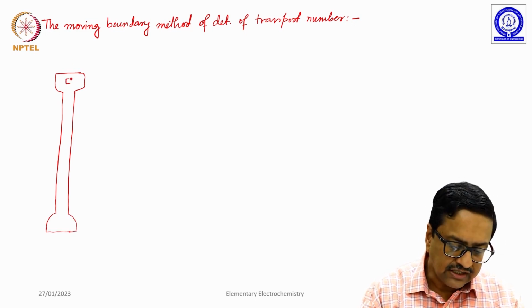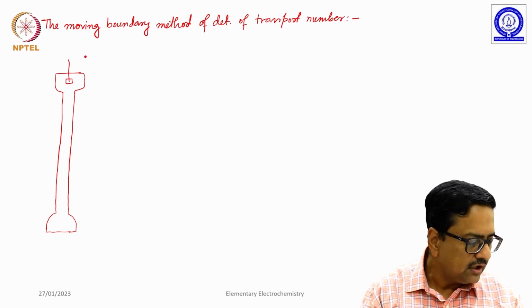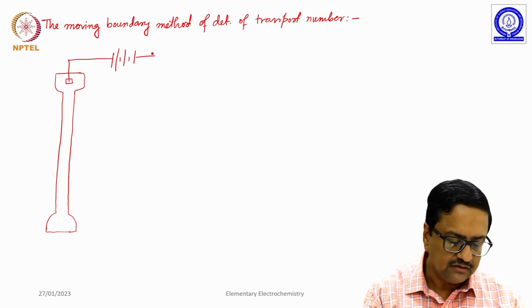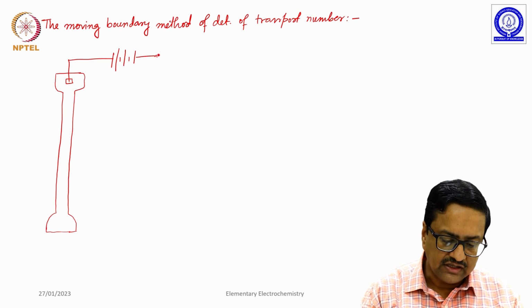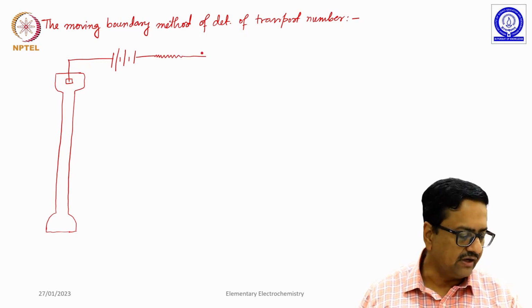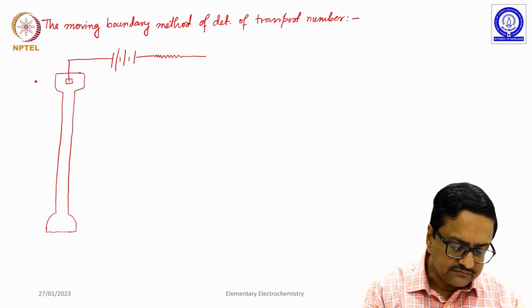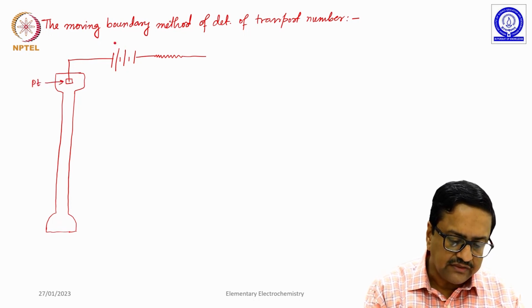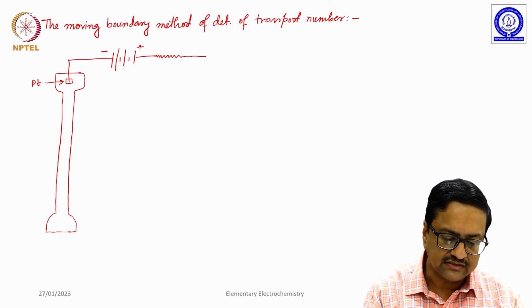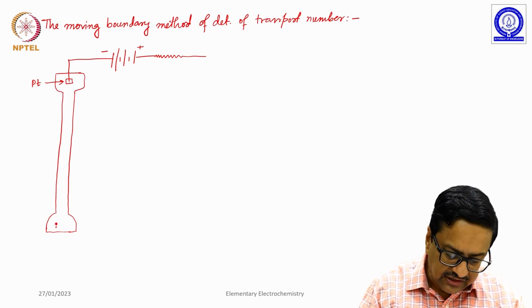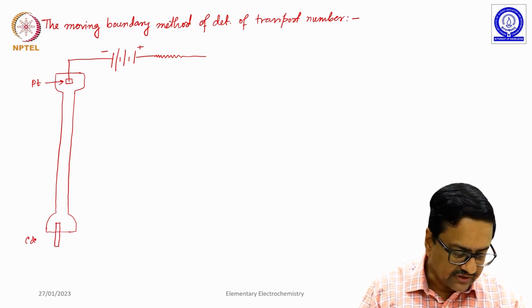So, we have a platinum cathode here connected to some set of cells and with a resistance, the wire is like this, and this is platinum, and this end is minus, this end is plus, and you have another electrode on this side which is made up of cadmium.